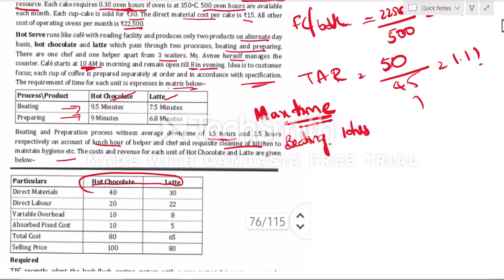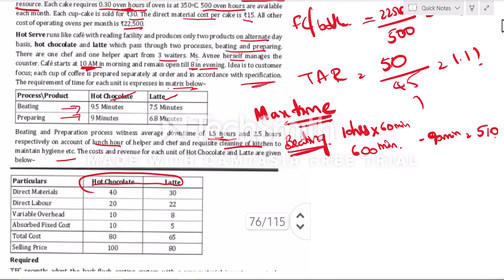So 10 hours. If we calculate in minutes, 60 minutes each hour, so 600 minutes are there. But in that we have 1.5 hours of downtime for beating. Means 1.5 into 60, 90 minutes. So 600 minus 90, 510 minutes are available for beating.